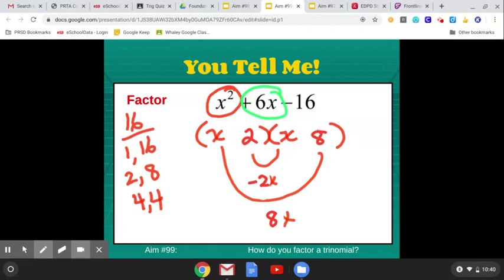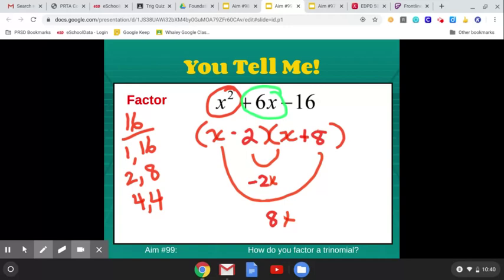So this has to be a minus 2, and this will be a positive 8. And I've just factored. My factors are x minus 2 and x plus 8. Those numbers multiply to be negative 16, and when I combine them, they make positive 6. When I do the smiley method, it works.